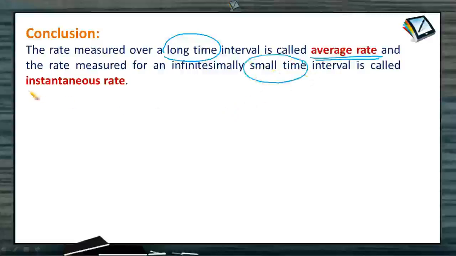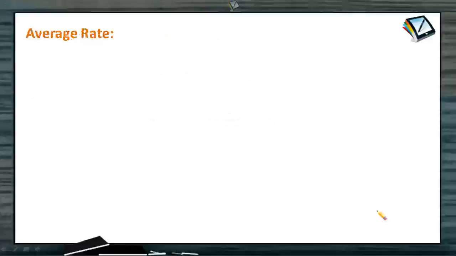Just as the speed of the car is expressed in terms of distance travelled per unit time, the speed or the rate of the chemical reaction is expressed in terms of the change in concentration of the reactant or the product with time. Let's understand the meaning of average rate in terms of chemical reactions. In a chemical change, we know that reactants are converted into products.